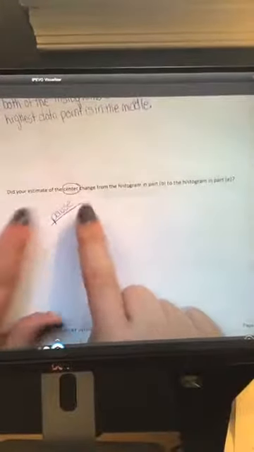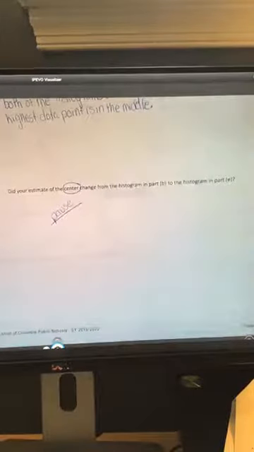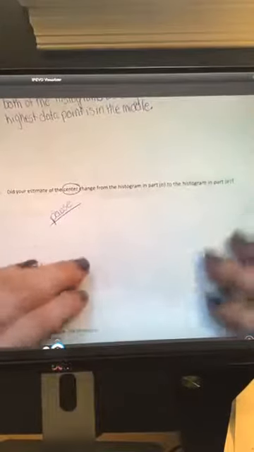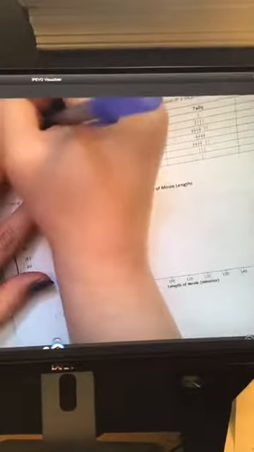Then you are going to check back to find out the answer to this question, because I just really want to look into how to find the center of a histogram, how they expect you to do it versus how I was taught to do it. Then on page 17, you guys have an exit ticket. You need to do this exit ticket on your own.